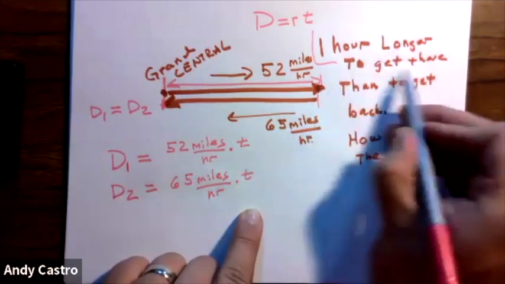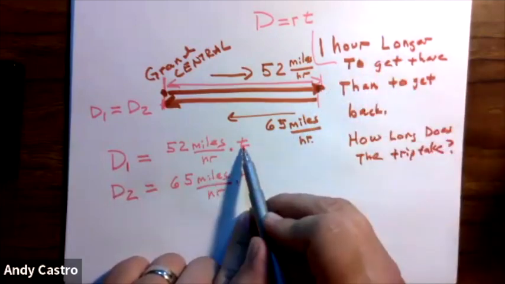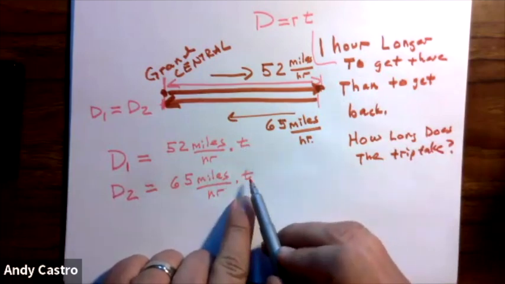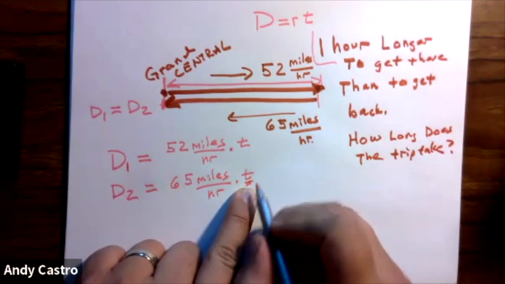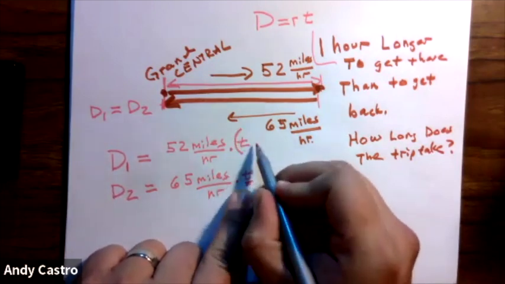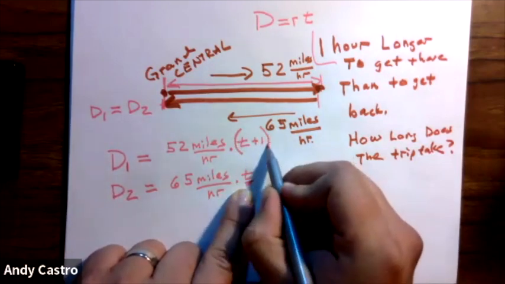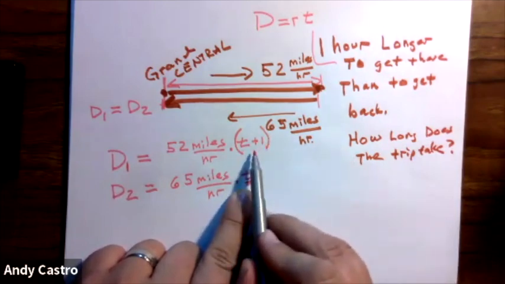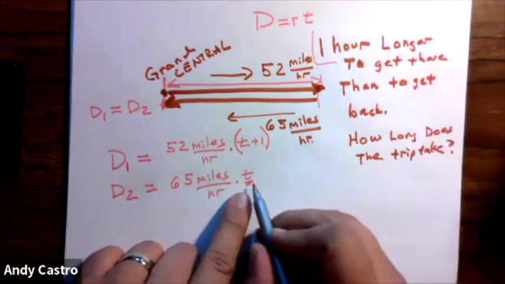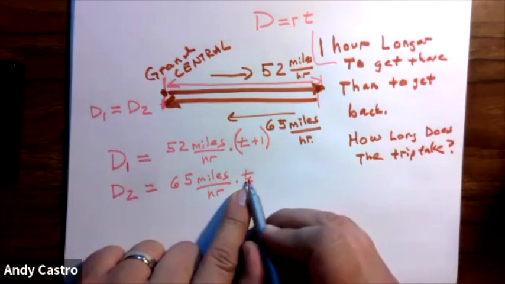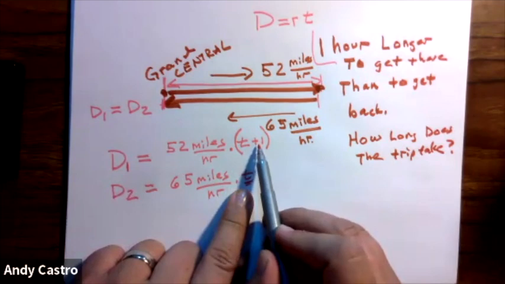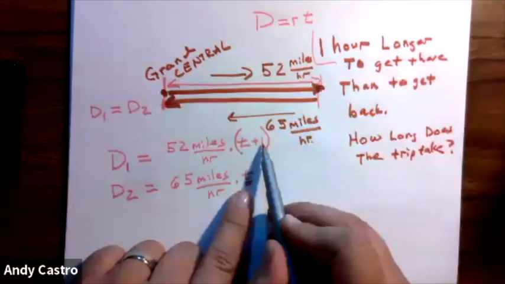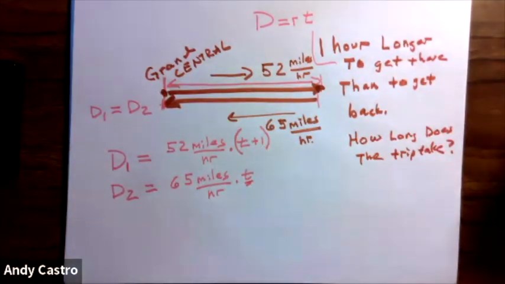It takes 1 hour longer to get there than it does to get back. So if this is the time it takes to get back, I can add 1 to this time. Let's just say it takes 12 hours to get back. If it took 1 more hour to get there, you could see why I put the plus 1. This would be 12 plus 1, or 13.